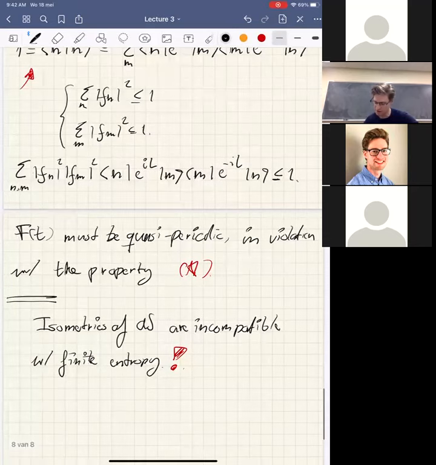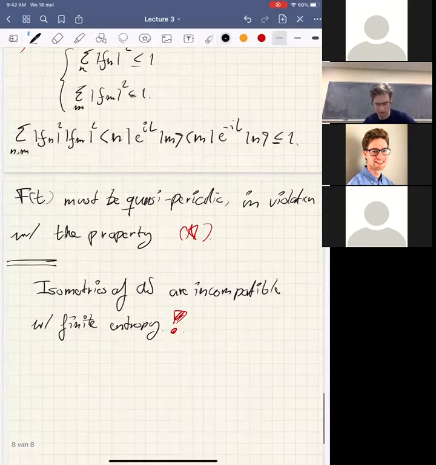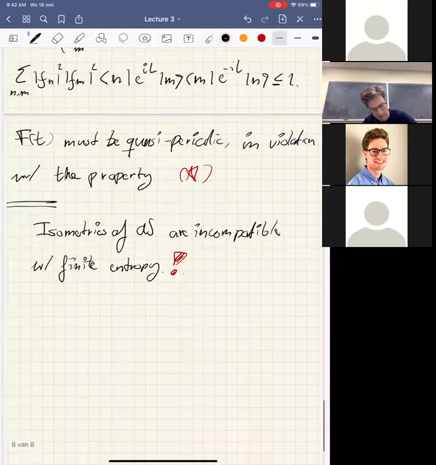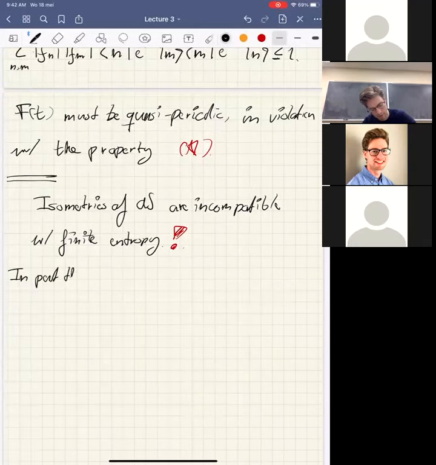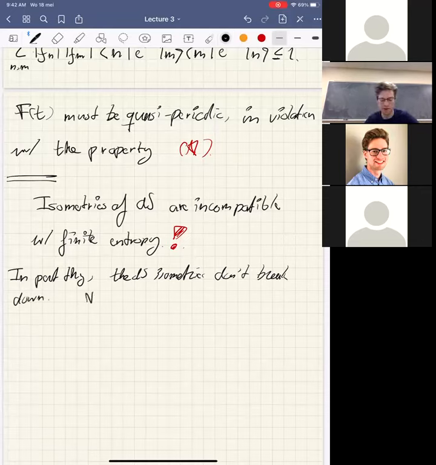Well, typically we know that in perturbation theory, the de Sitter isometries don't tend to break down. And again, this is compatible with the fact that in perturbation theory, n is going to infinity, and we don't expect this discrete spectrum of energy eigenstates or having a finite entropy.